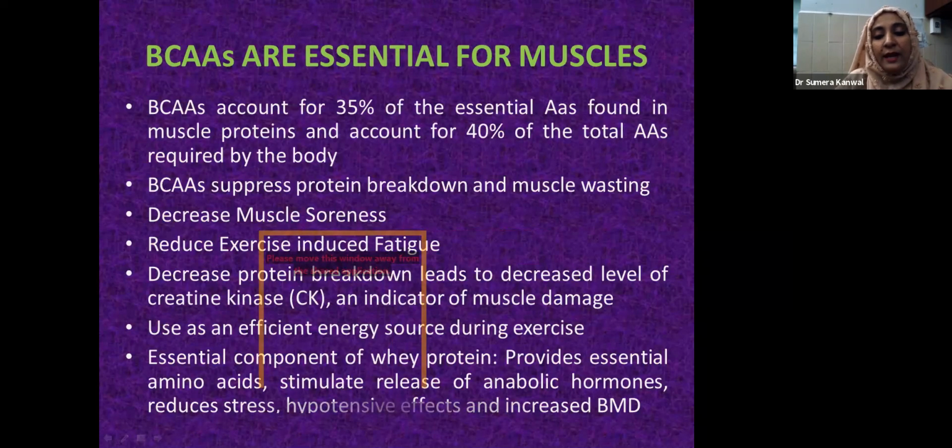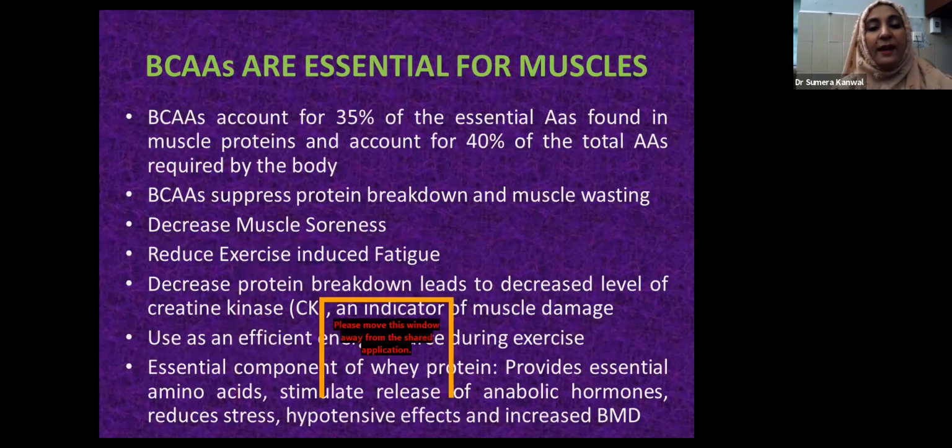So this whey protein is usually used by different sportsmen and athletes, and those in heavy exercise conditions, to prevent exercise-induced fatigue, tiredness, and muscle soreness.